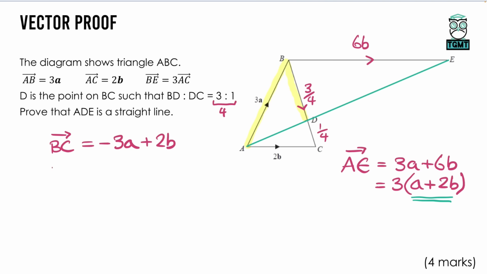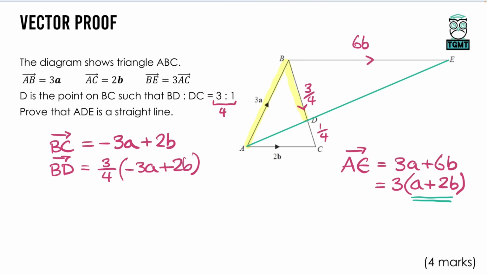So to get from B to D, which is 3/4 of the way down the line, if we had decided to go C to B, the other direction, I'd only be going 1/4 of the way up the line. So it does matter which direction we're going in. So B to D is 3/4 of this, minus 3A plus 2B.